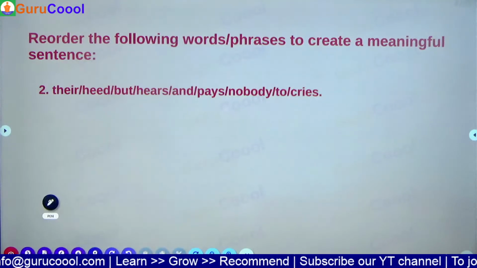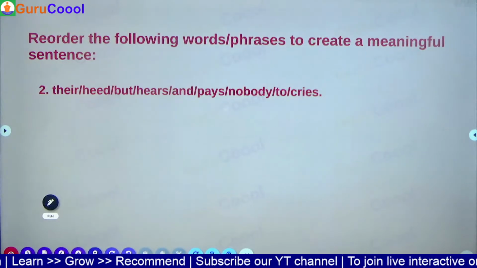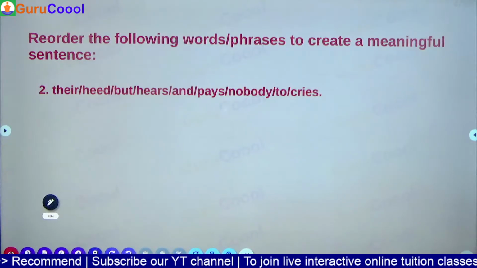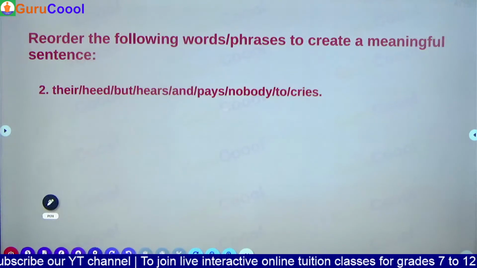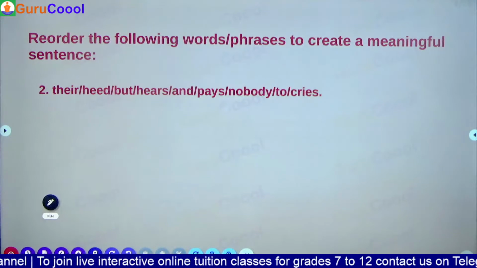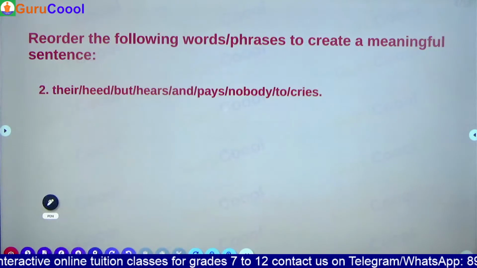Yes, Lakshita. Nobody hears and pays heed to their cries. You left one word, but. Apur, which word?